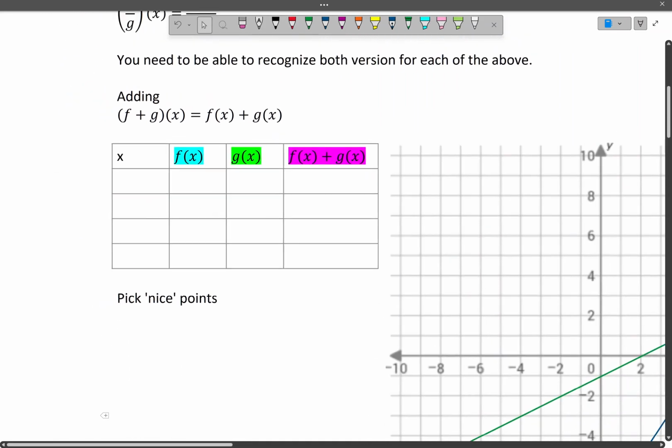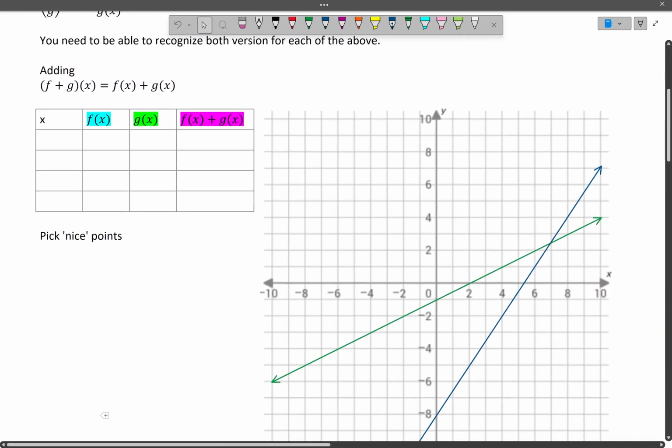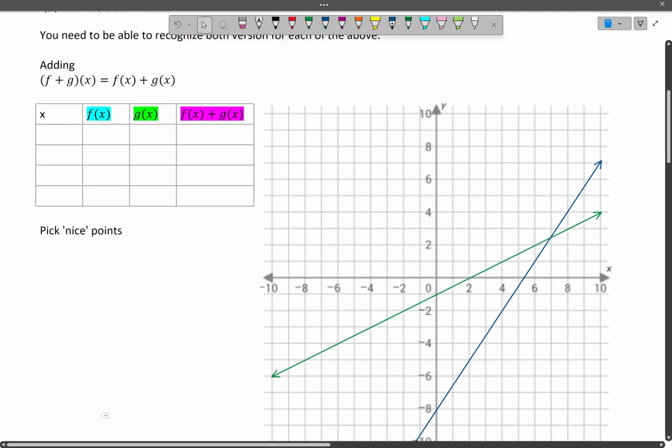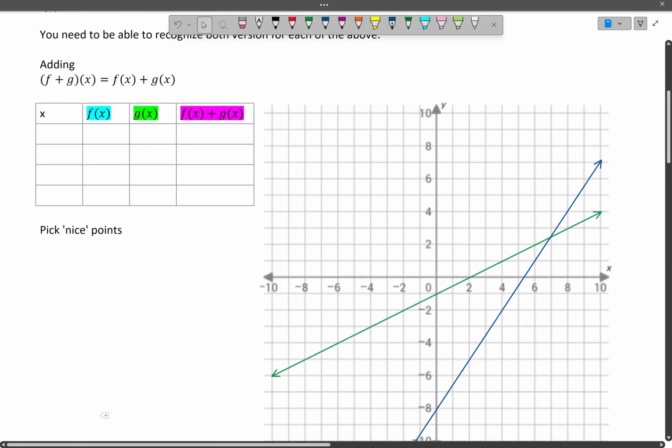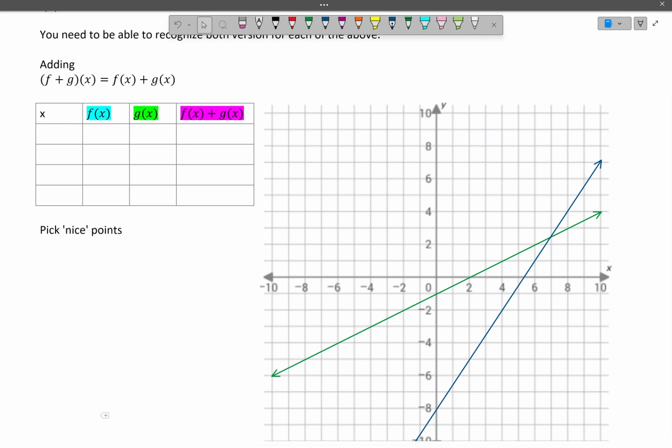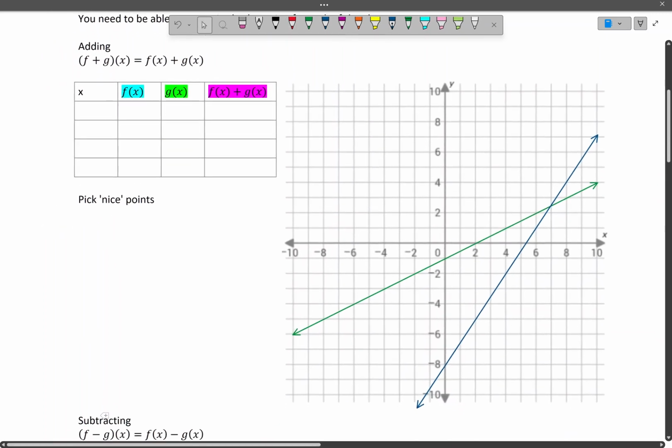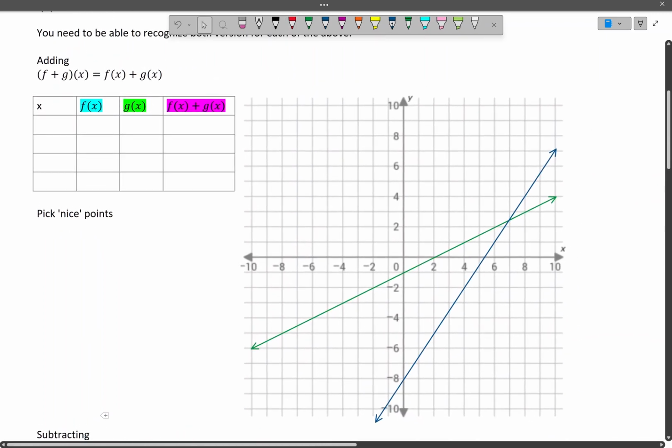Okay, so we're going to use the following graph in order to add two functions together. What we're going to do first is pick a couple of nice points, quote unquote, on the graph in order to add these two. So we're going to pick 4 or 5 nice points. Let's see if there's any that line up. Maybe here.